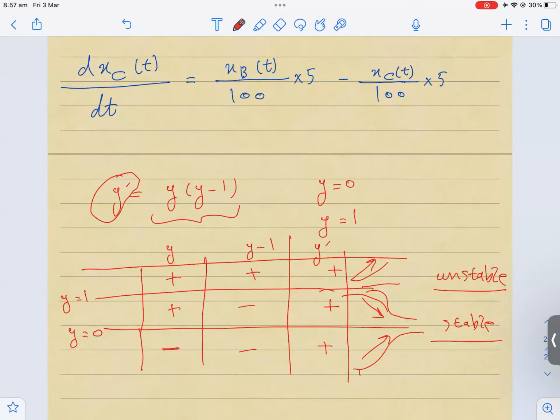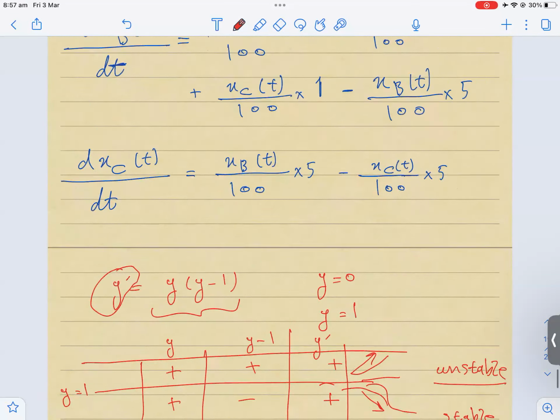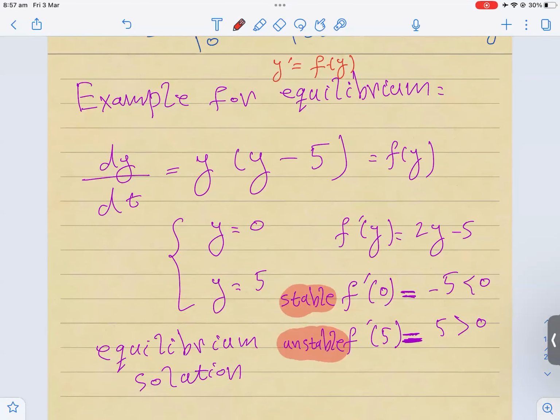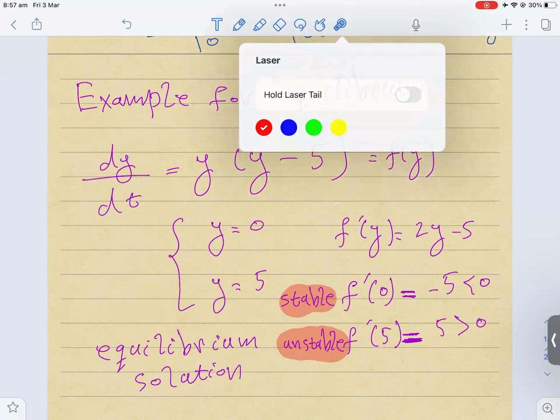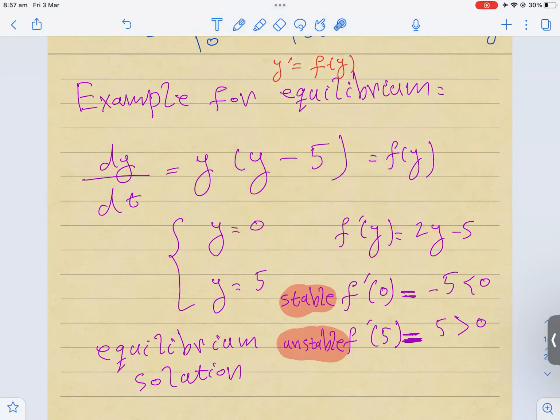All right, this is another way. Here I said the way we determine stability and instability is the second derivative of this one, y double prime, or f prime of y. The second derivative is equal to the first derivative of this right-hand side.